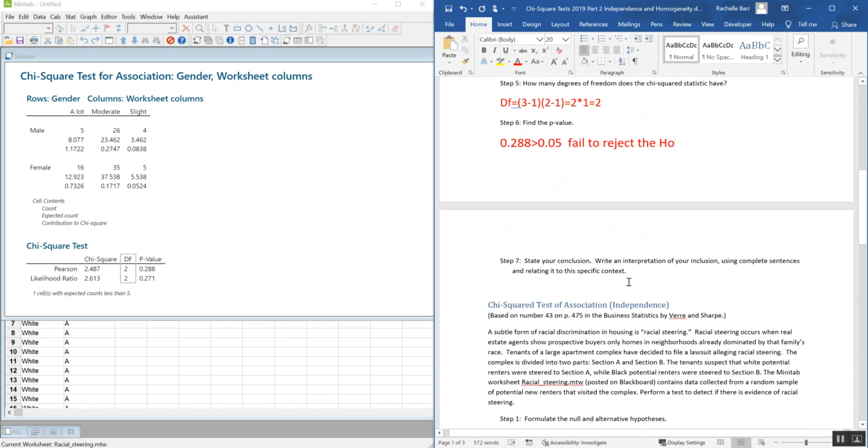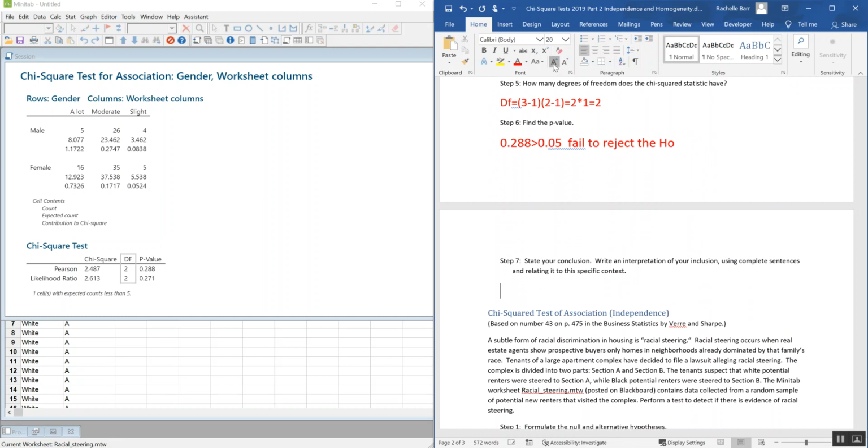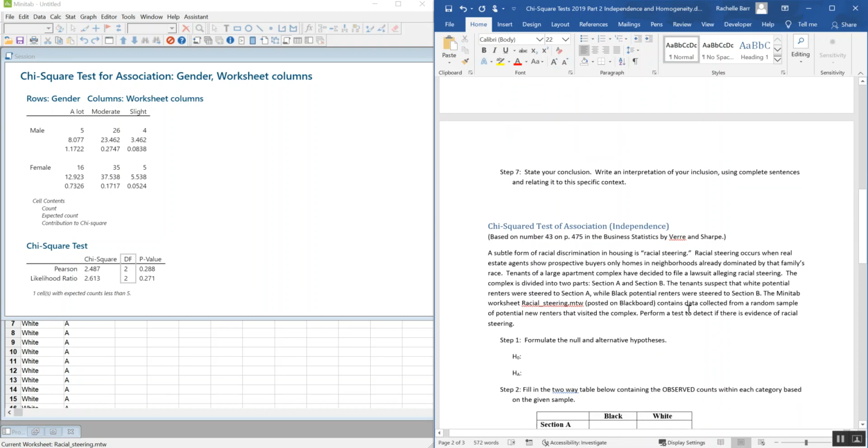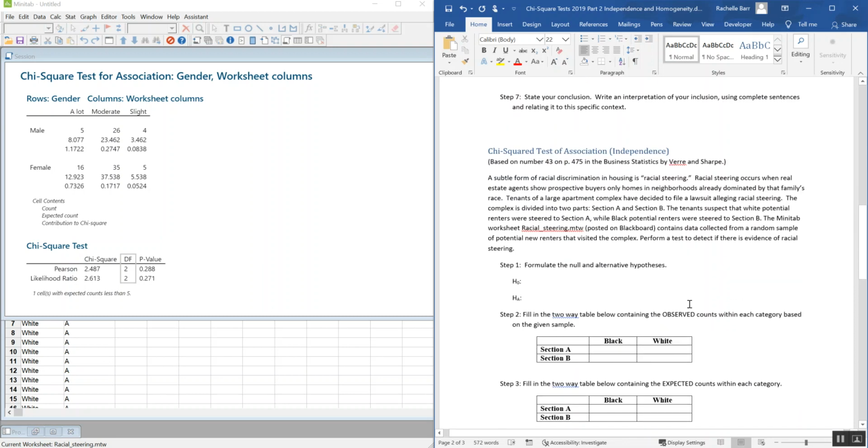Time to write ourselves a conclusion. We're going to be specific and use complete sentences and make sure we're relating it to the context. Why I keep writing this in detail is that I don't want you to write "fail to reject," blah, and that's it. That is not a conclusion. A conclusion actually answers the question that's being posed. In this case, we are asked, does gender have an impact on somebody's activity level?